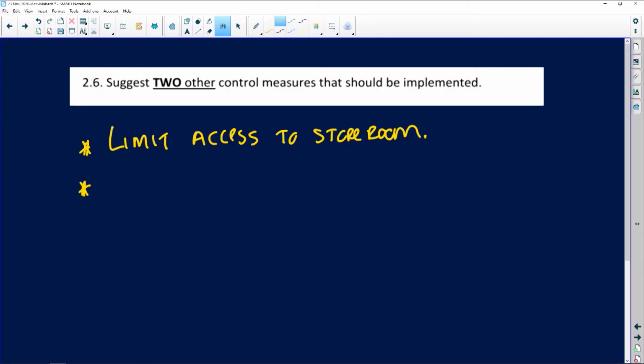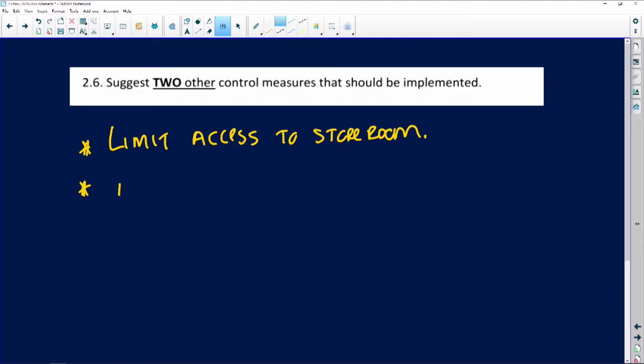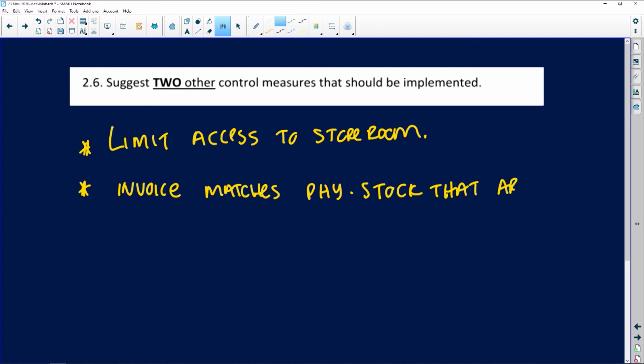Right, then when stock is delivered, remember, stock can be stolen or can go missing during delivery of stock. So ensure that whatever is on the invoice, the source document, or whatever is on the delivery note matches the physical stock that arrives.